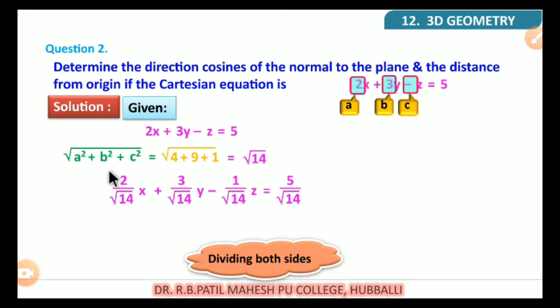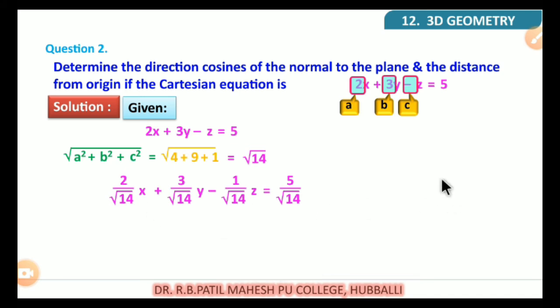Now it is in the standard form, that is Lx plus My plus Nz is equal to D. Here D is the distance, but in the given equation of the plane, this 5 is not the distance of the plane from the origin.